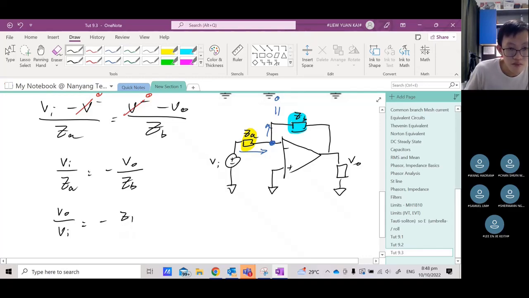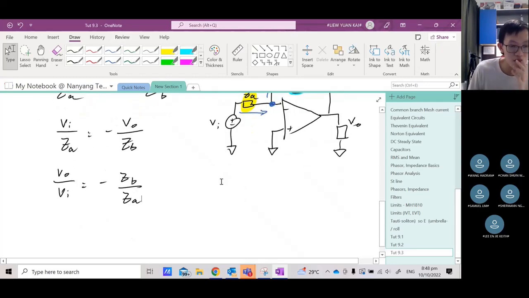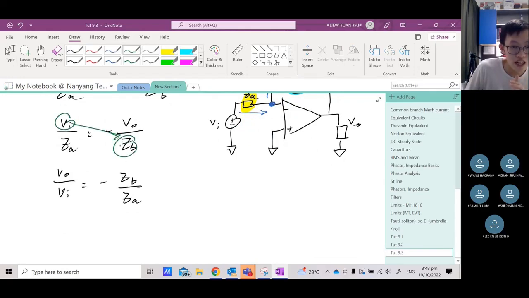No, sorry, ZB over ZA. Okay, be careful. See, I just almost made a mistake there, right? Because you move this one down, then you carry this one up, and then you move the negative sign to that side. Okay, so you get negative ZB over ZA.